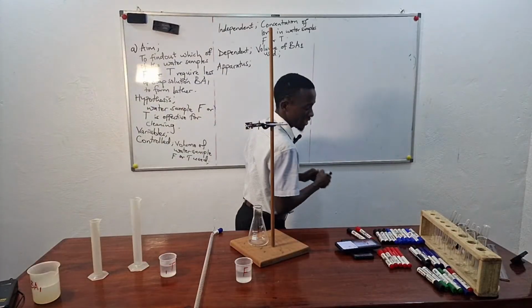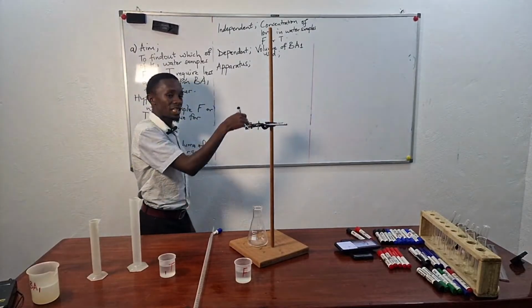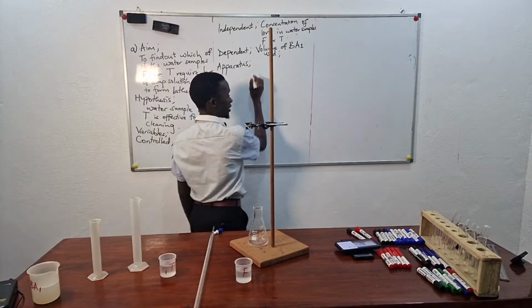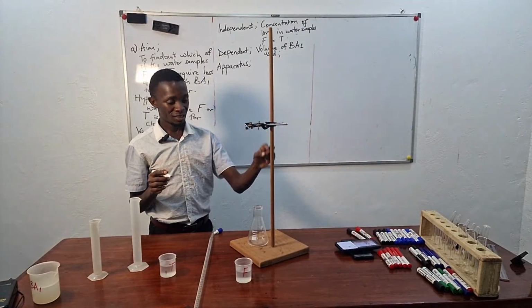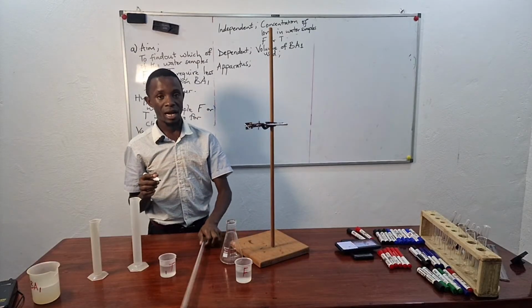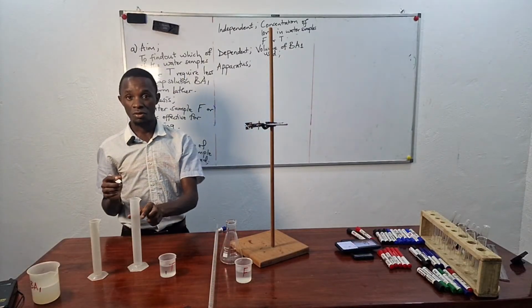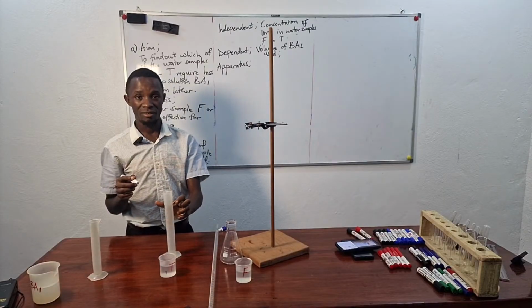That means that the apparatus, they are the materials that help us get a product. So the apparatus, we've been talking about them: a retort stand, we are seeing a conical flask, a burette, a pipette, which I will alternatively use, a measuring cylinder.